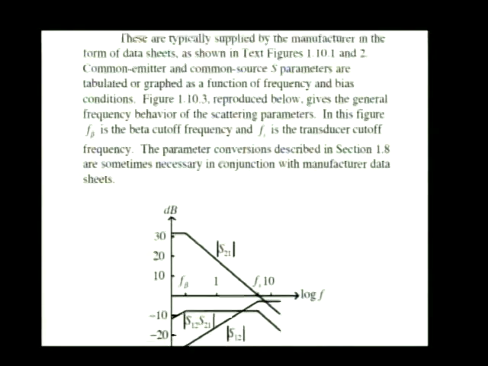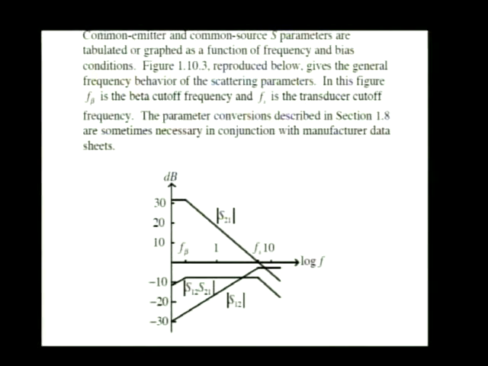The scattering parameters are either tabulated, given in a table, or sometimes even graphed as a function of several different things. If you take a transistor and bias it in different ways, you'll get different behavior for the transistor.